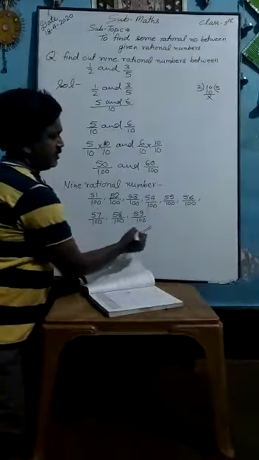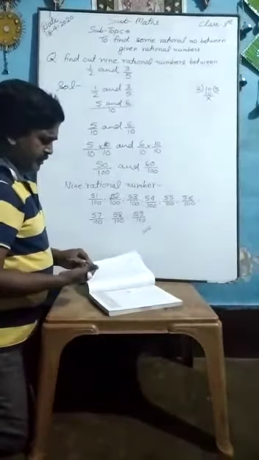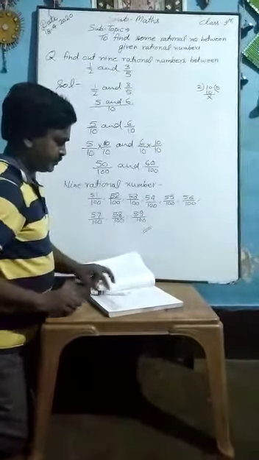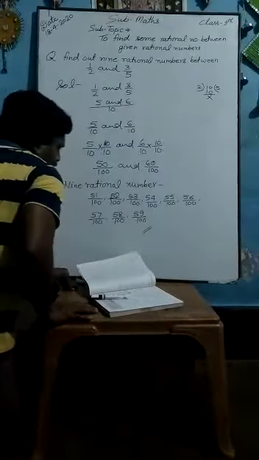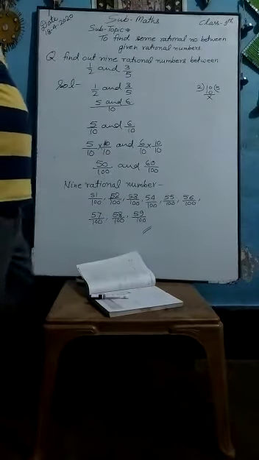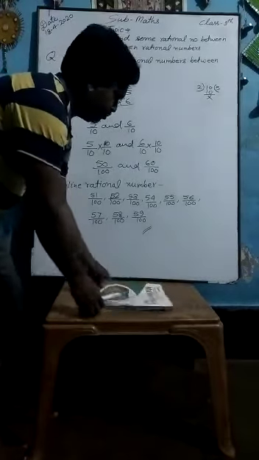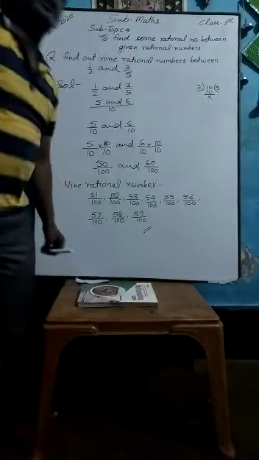Now you have got 9 rational numbers. I hope you have got the method of solving these questions.